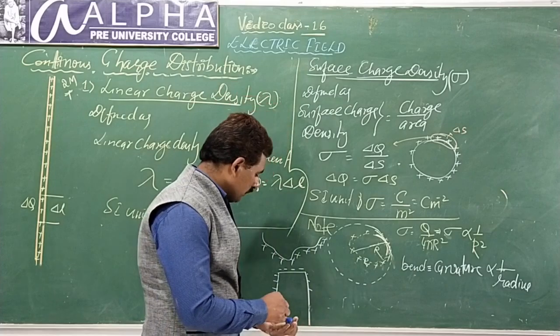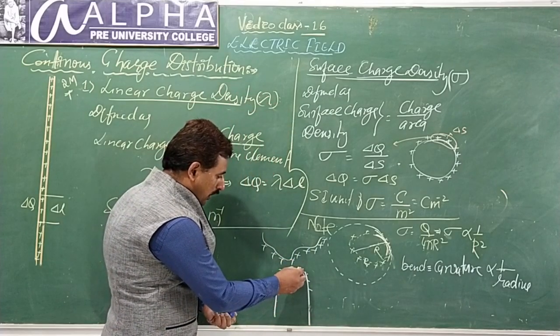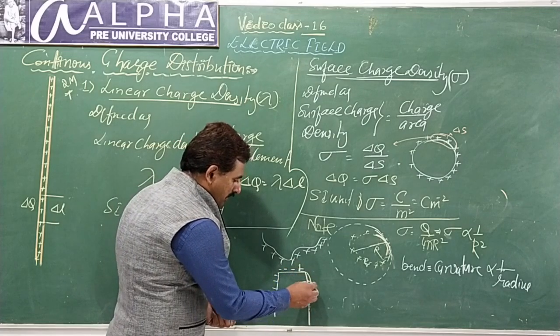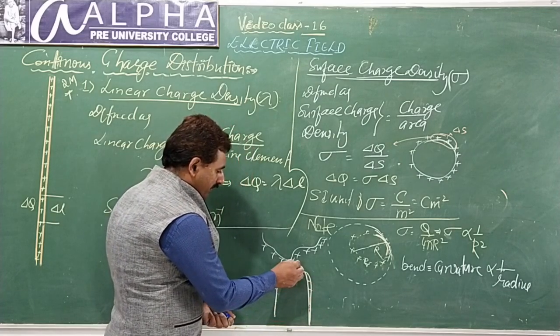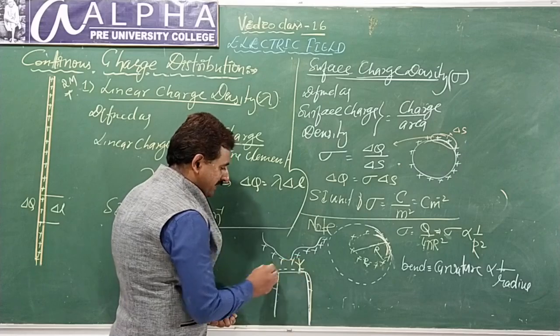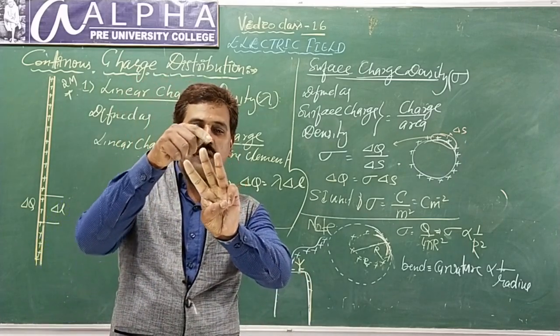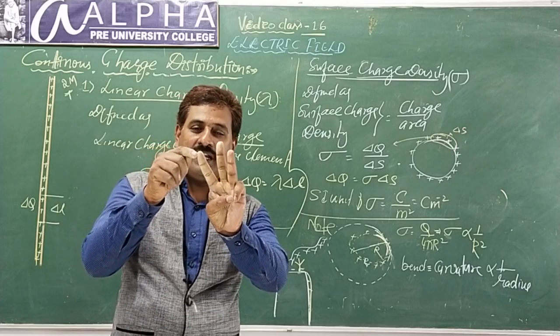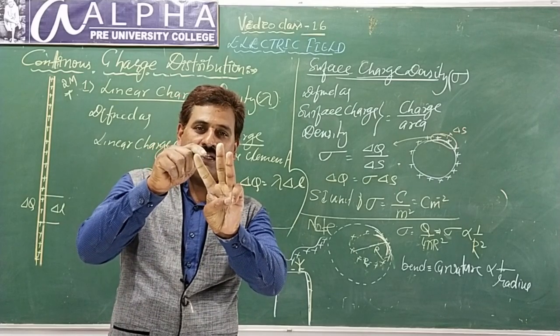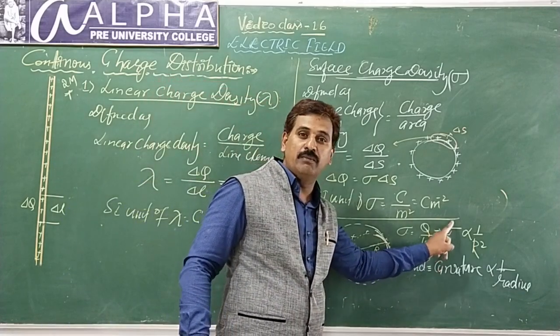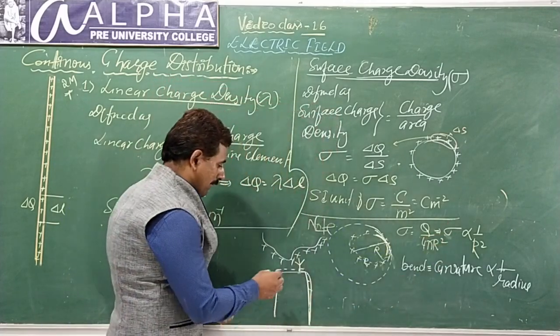Students, in order to conduct lightning, what do people do? They install a lightning conductor with 2 to 3 spikes. Have you seen spikes like this, which have very sharp edges? When the edge is very sharp, the curvature is more. Curvature more, density more. Charge density maximum.